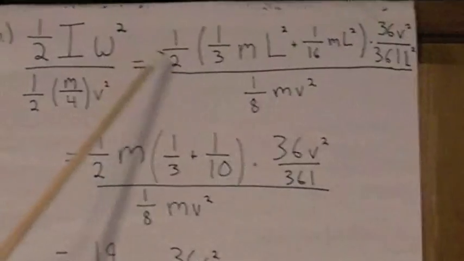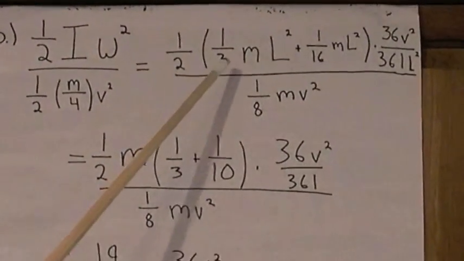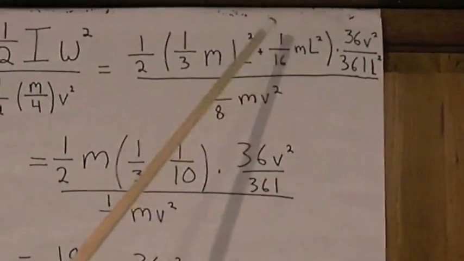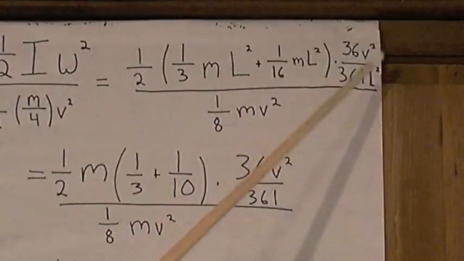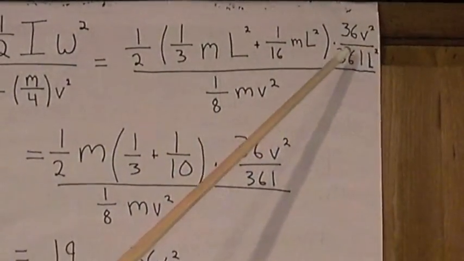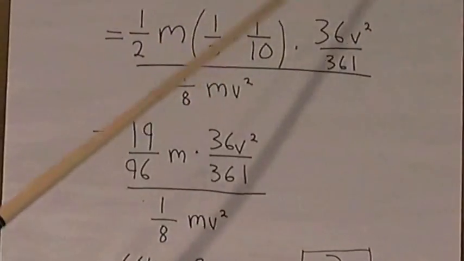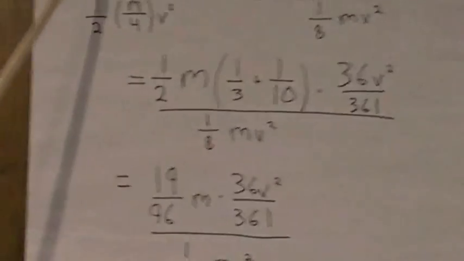When you use the equations, it comes out to 1/2 times the quantity of 1/3 mass times length squared plus 1/16 mass times length squared times omega squared, which is 36v squared over 361 L squared. And that's all over 1/8 mv squared, because that's the kinetic energy of the bullet before.